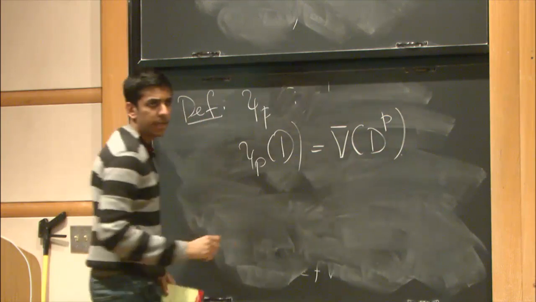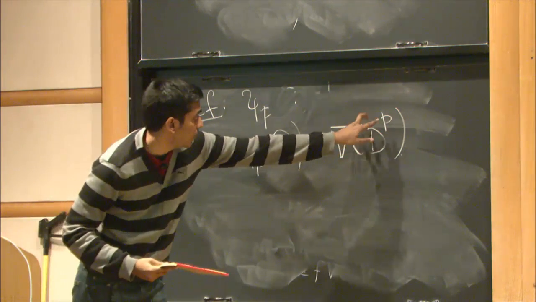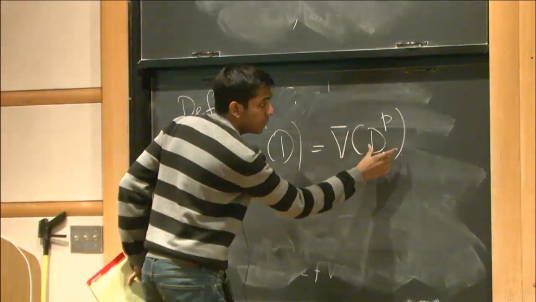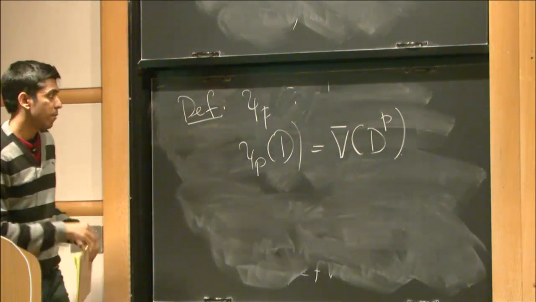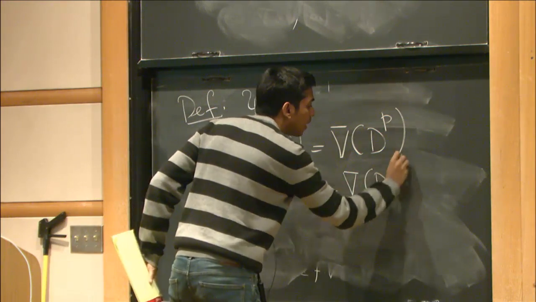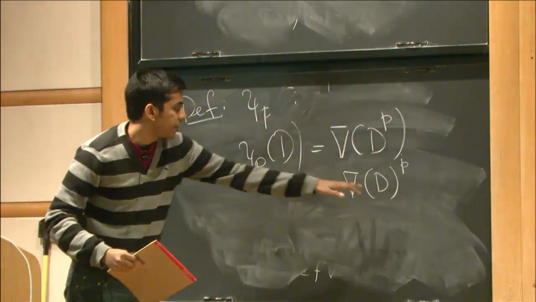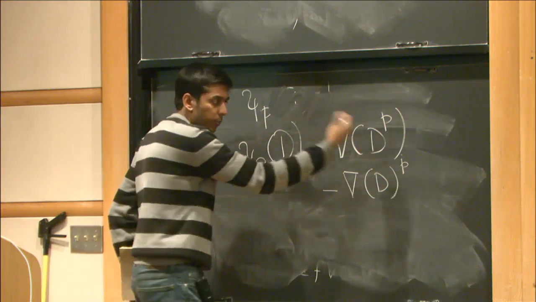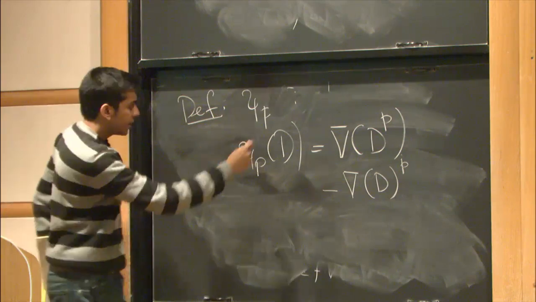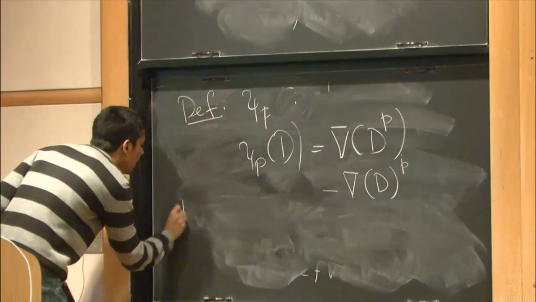In characteristic p, if d is a derivation, so is d to the p, and it makes sense to look at nabla of d to the p, which is going to be an endomorphism of m. And you could also look at nabla of d and raise it to the p as an endomorphism of m again. That difference is defined to be the p-curvature.